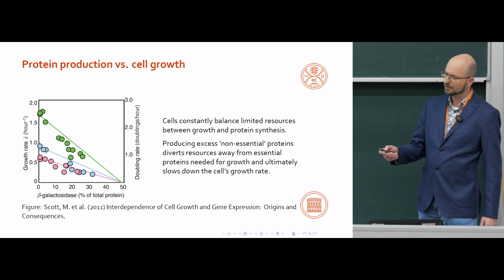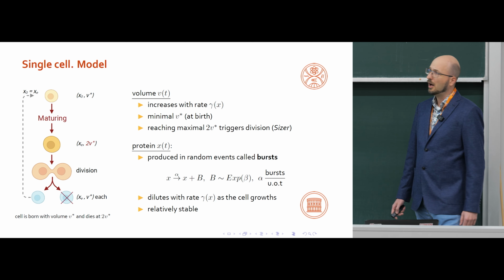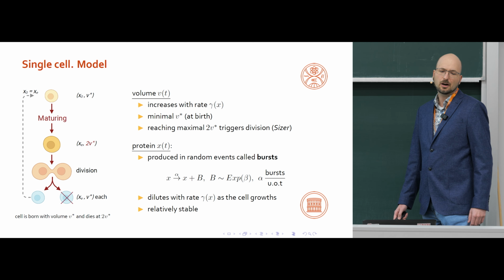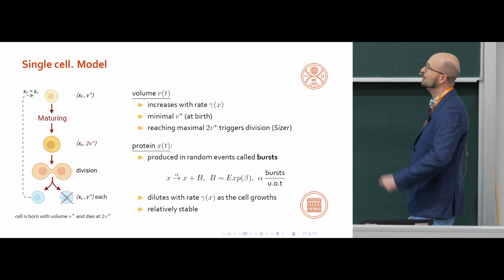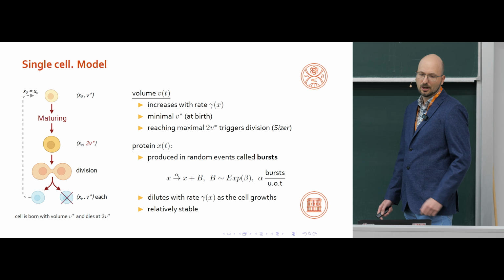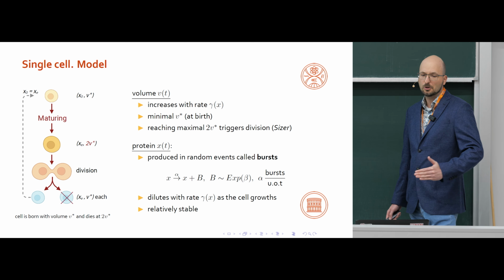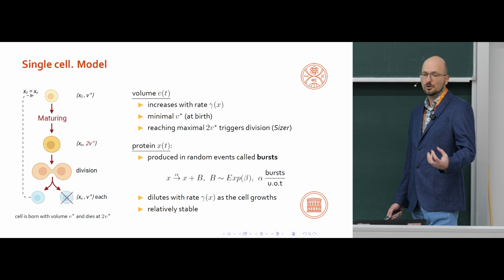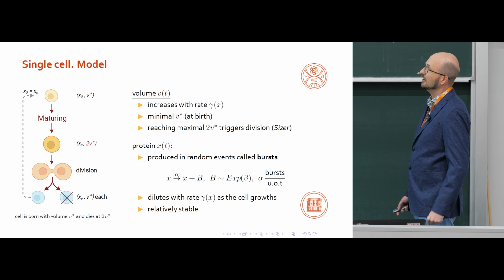Okay, so here's how we want to do it in terms of modeling. We are thinking about a single cell, and here's our model for how a single cell grows. Right? So we start with a small cell on the top left, with a small volume. Then it grows. It reaches a critical volume, and when it reaches the critical volume, it divides into two daughter cells. So the daughter cells will have the volume which the mother cell had at the beginning of the cell cycle.